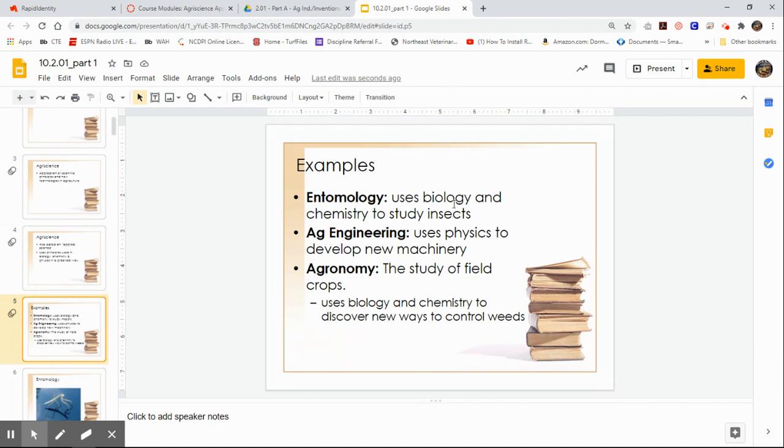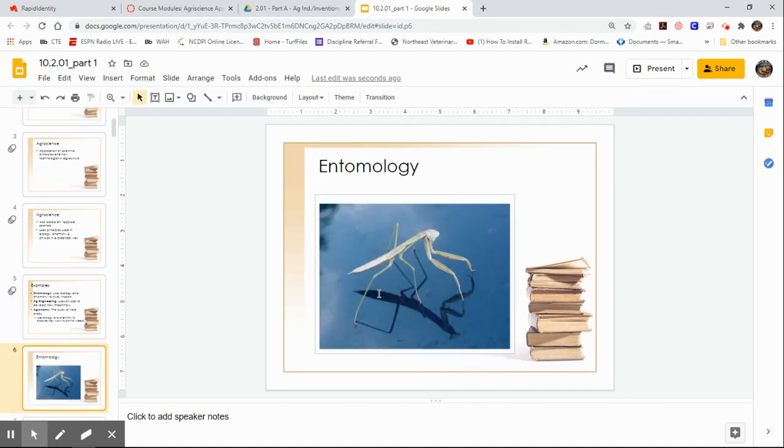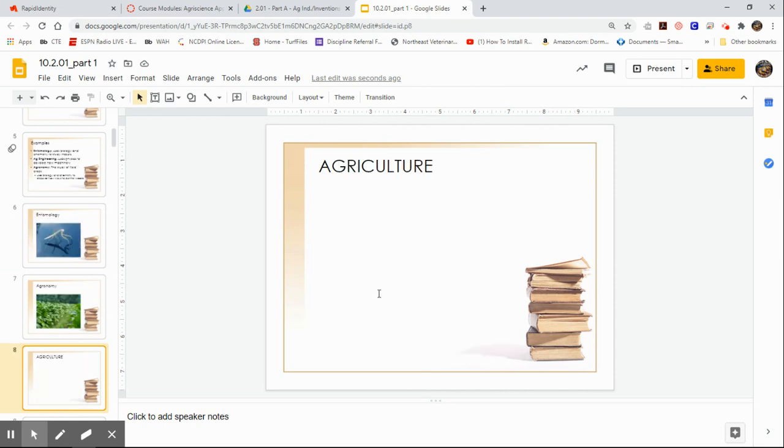So, entomology, you're dealing with insects. Agronomy is field crops. So, you're actually taking your knowledge of how plants grow and how to incorporate stuff into the soil to get them to grow, right? So, that's what makes an applied science. You're actually doing it with your hands instead of learning about it just in class.